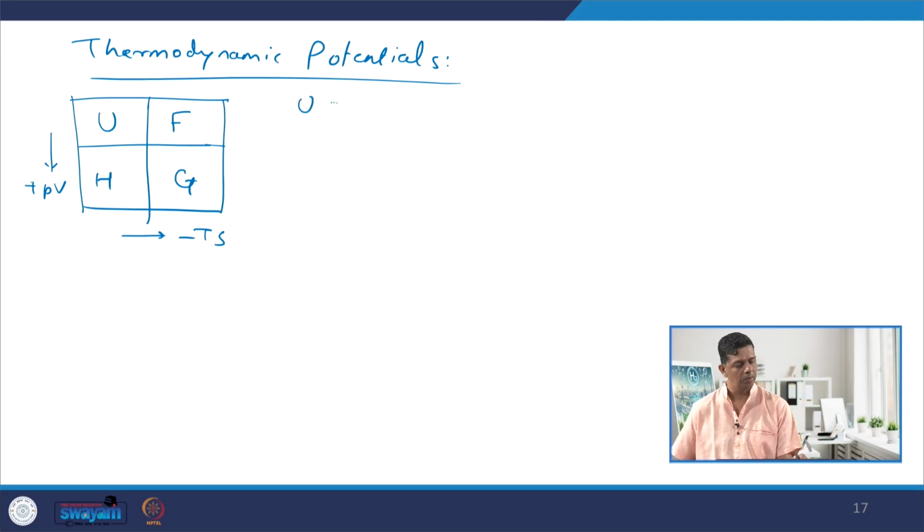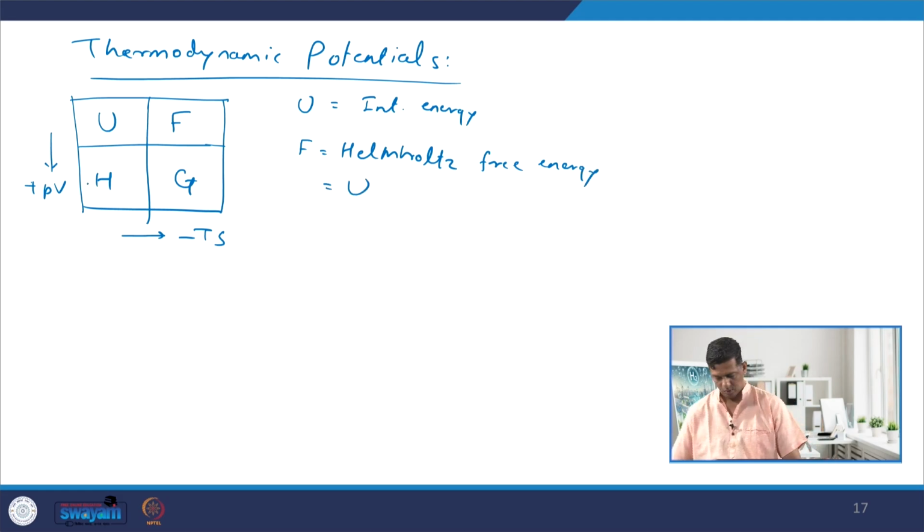Let me write this up. U is internal energy, F is Helmholtz free energy, which is nothing but U minus Ts.